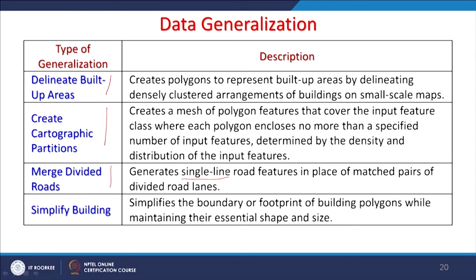Your requirement is not to show that it is a 2-way 4-lane road or a 2-lane road. So you can generalize and create just a single line, or simplify buildings. Buildings may be represented through polygons, so you can also simplify and merge them into a block or a larger polygon.